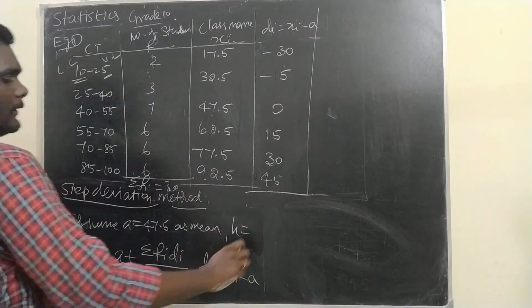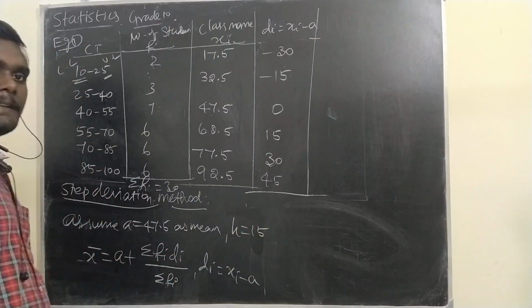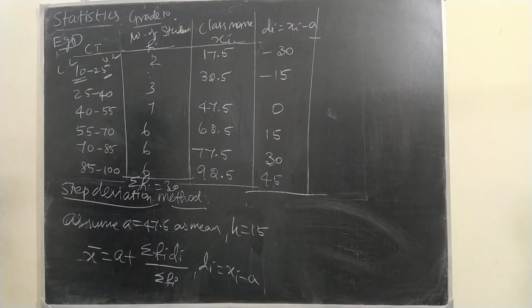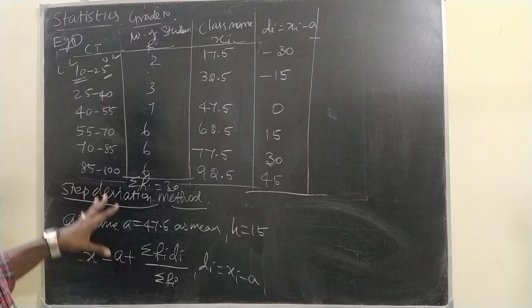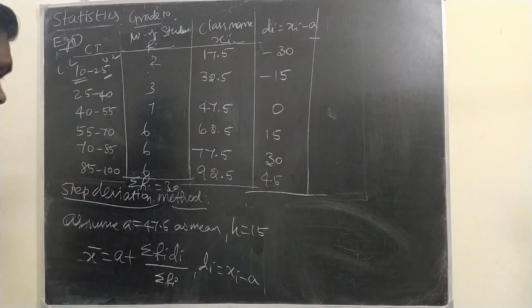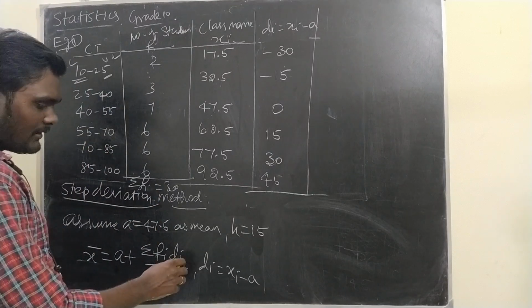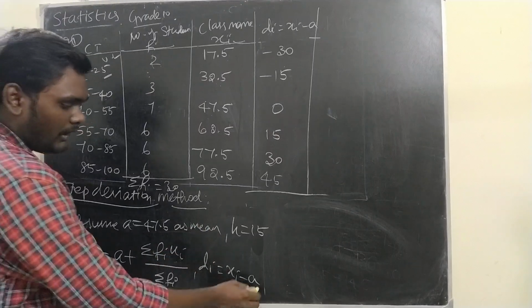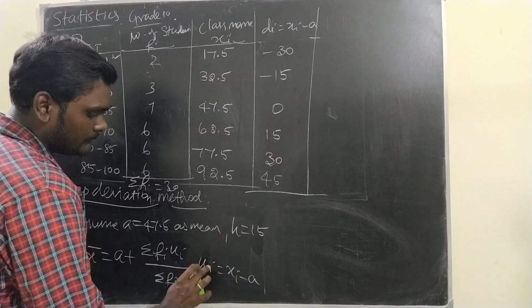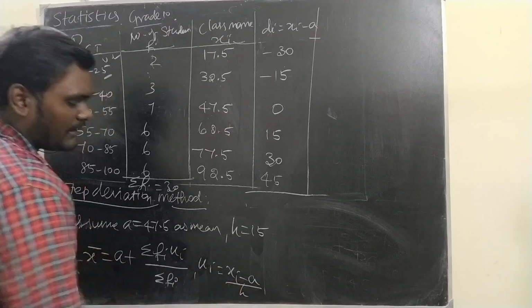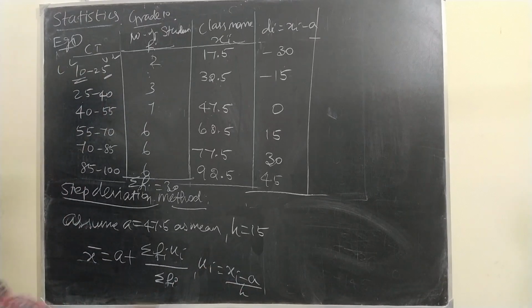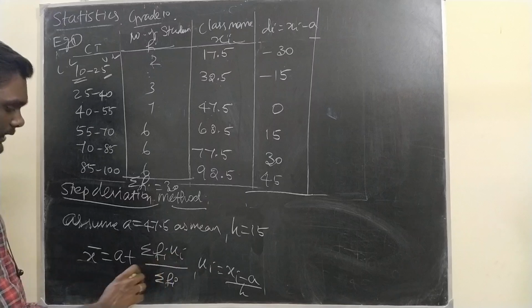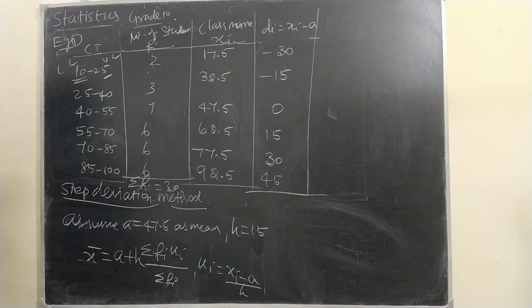So here class size is 15. What I am going to do is make a small change in the formula: a plus, instead of di, I am going to use ui. That ui is nothing but xi minus a, divided by h. So here one h is divided, and here we have to multiply by h, that's all.